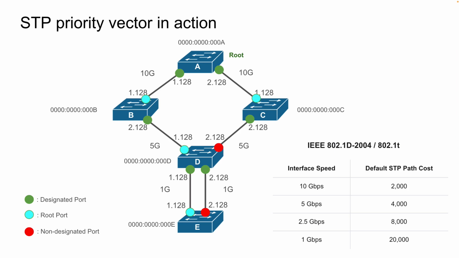But in case the spanning tree message priority vector is superior to the port priority vector, the port priority vector values are replaced with the values from the message priority vector, and recalculation begins. While in case the message priority vector is inferior to the port priority vector, the switch sends out its own port priority vector as a message towards the neighbor that has sent the inferior message priority vector.